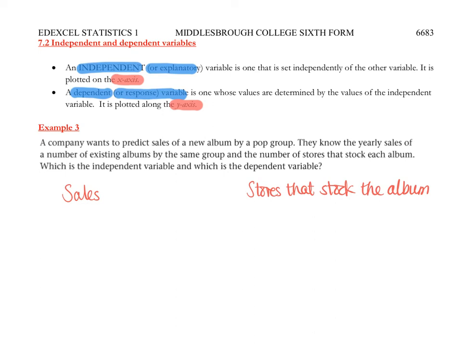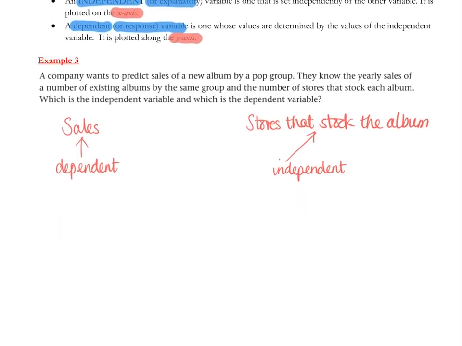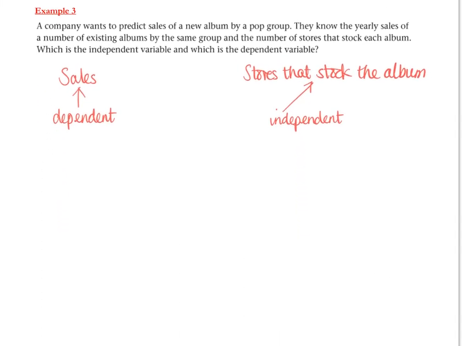So the sales, I would say that that is the dependent variable. So it would go on the y-axis because it depends on the number of stores that actually stock the album. And what would that look like if we were to quickly sketch that?